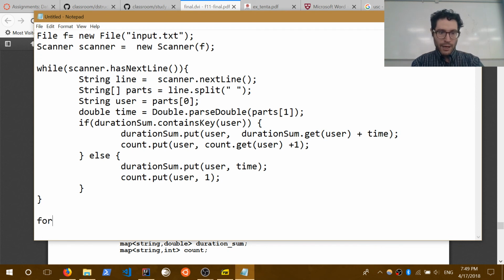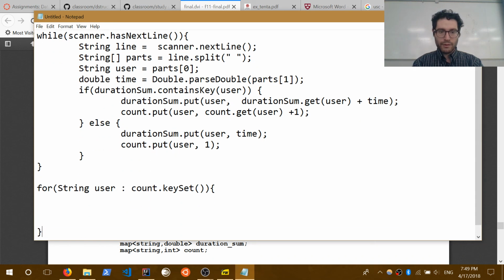So now for String user in count.keySet. So in other words, for each user that I've seen, I'm going to go through every user. I'll get the total time I've seen them.